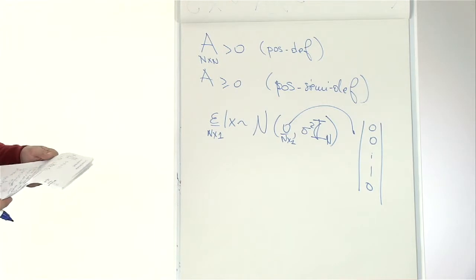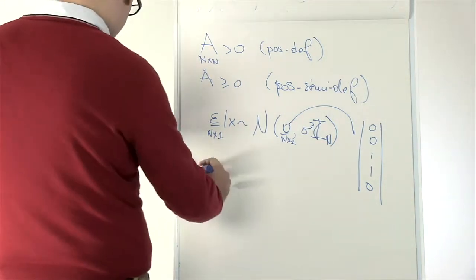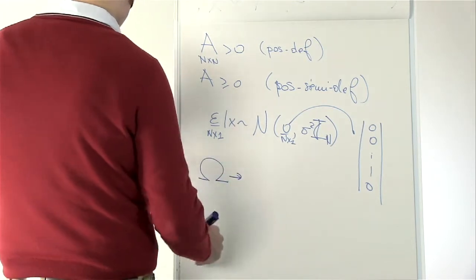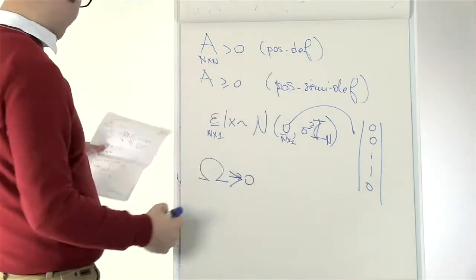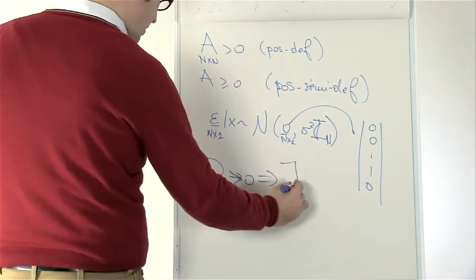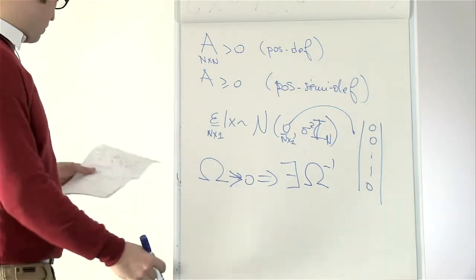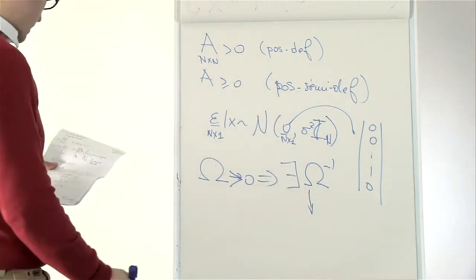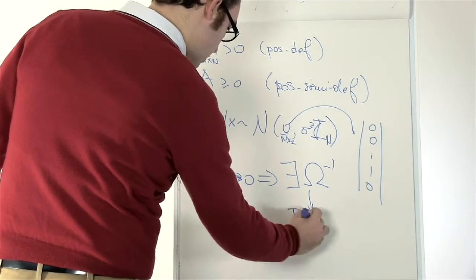Now I want to show you one result, and this one says that if, for example, omega is positive definite, then omega inverse exists, and we can express this omega inverse as a product of two matrices.